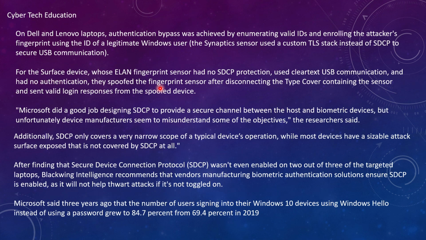For the Surface devices, whose ELAN fingerprint sensor had no SDCP protection, clear text USB communication was used with no authentication. They spoofed the fingerprint sensor after disconnecting the type cover containing the sensor and also sent a valid login response from the spoofed device.